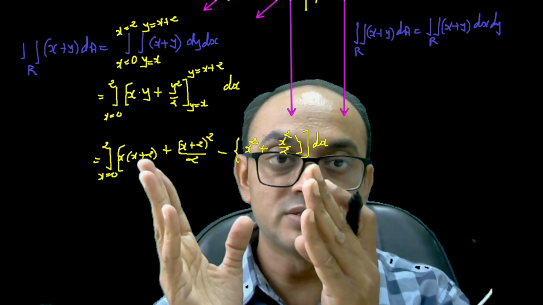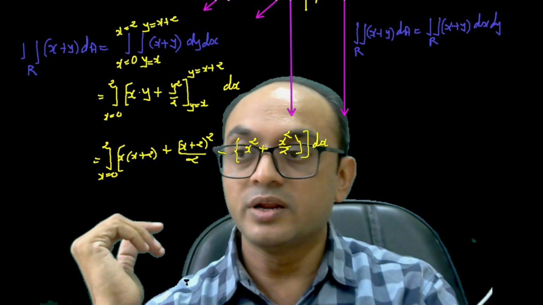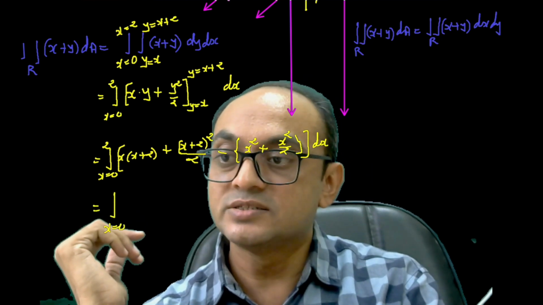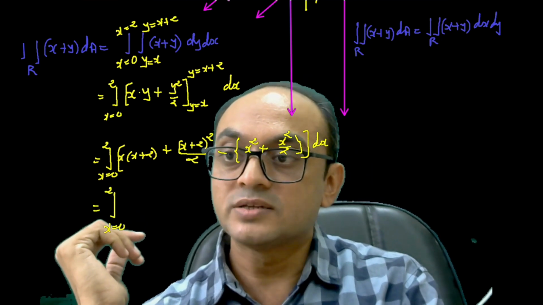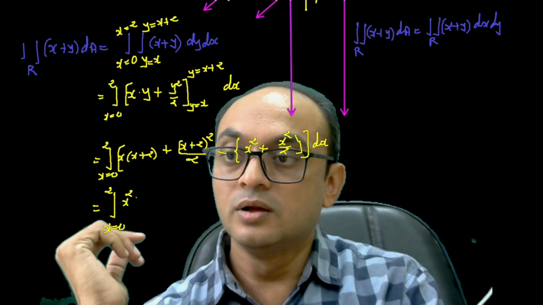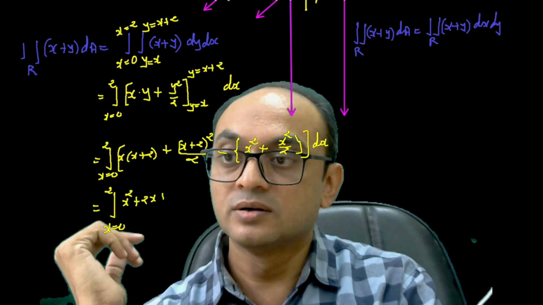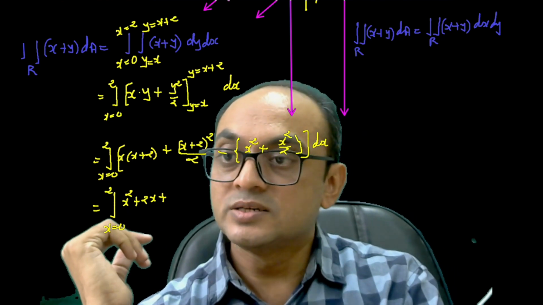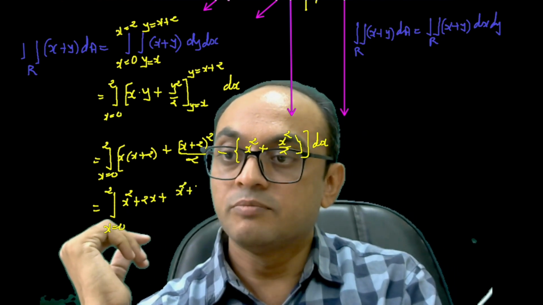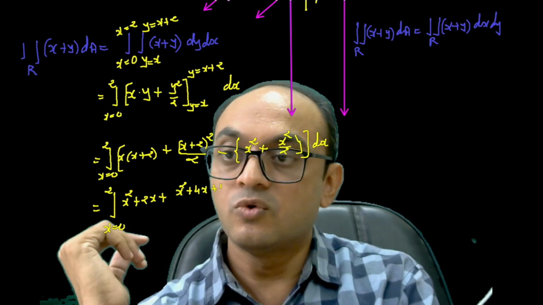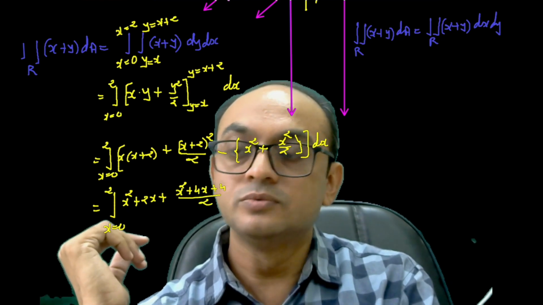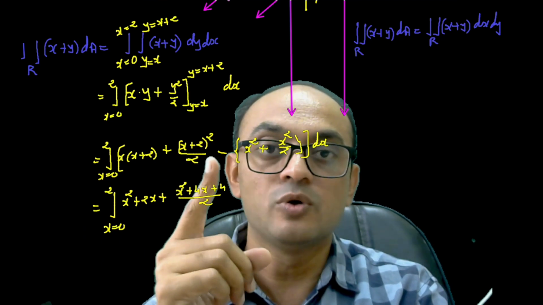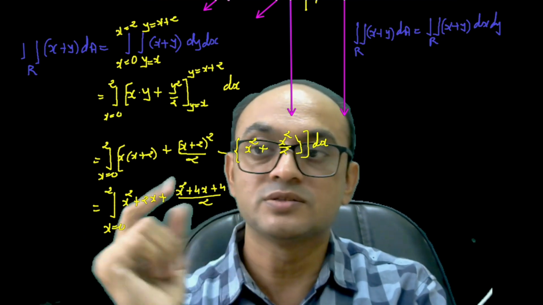Once this quantity is clear, let us simplify it. So this is equal to integration x is equal to 0 to 2 of x square plus 2x plus this is x square plus 4x plus 4 divided by 2. Hope this is clear. x plus 2 whole square is what? (a plus b) whole square is a square plus 2ab plus b square.